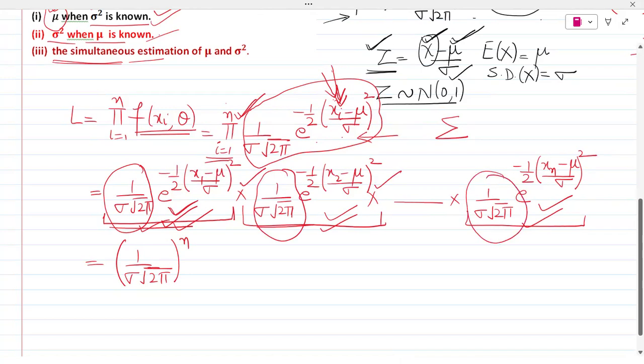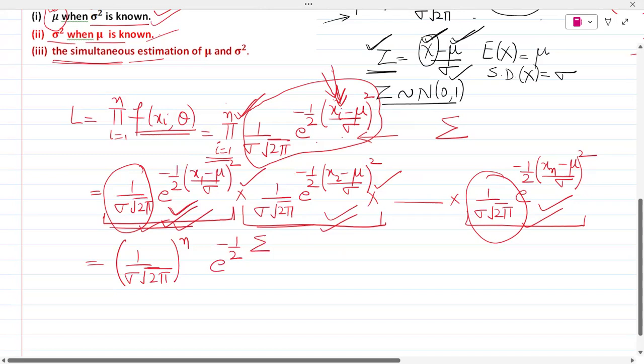How many times is it multiplied with itself? n times. Now e to the power minus half summation of xi minus mu upon sigma whole square, i from 1 to n. So the exponential is there.